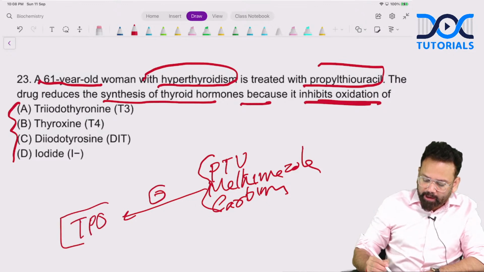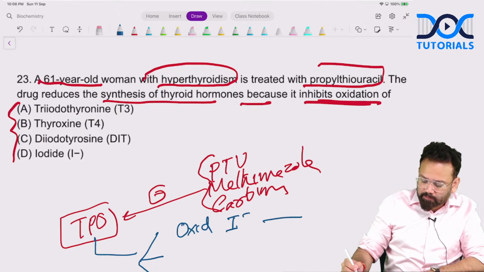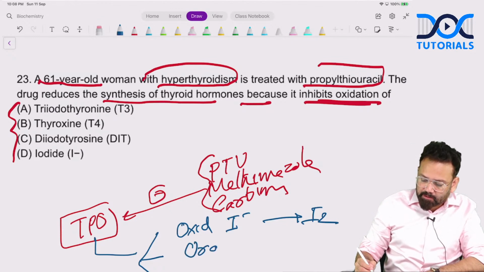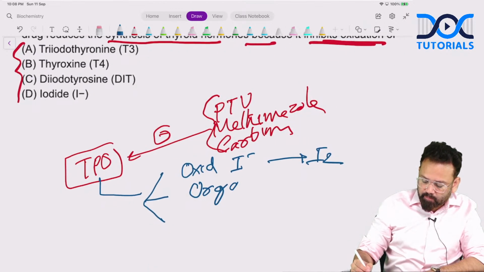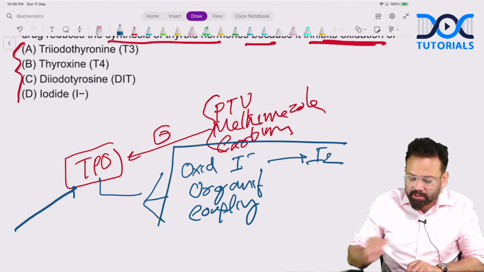And TPO has three functions. One is it causes oxidation of iodide into iodine. Then organification. It also causes the coupling reaction. So if you inhibit TPO, you inhibit these three reactions.